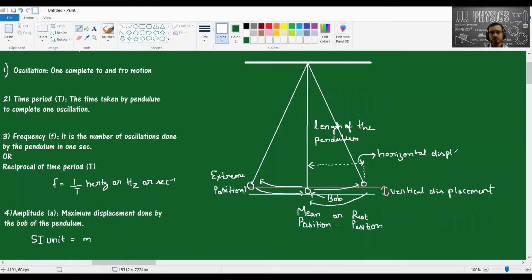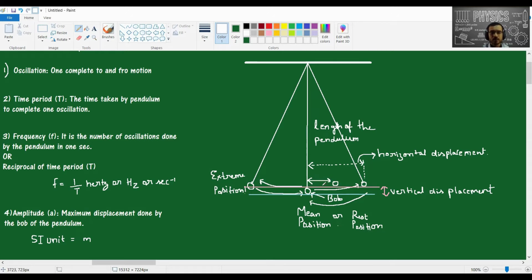But what we have to consider is this horizontal displacement. Clear? So it must be equal on both the sides. Amplitude is the maximum displacement. If the pendulum were here, this would have been the displacement.